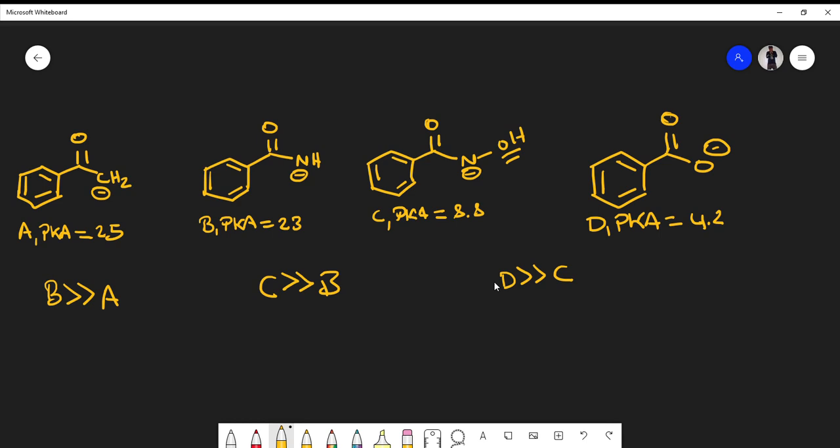D doesn't have an electronegative atom directly adjacent to it, apart from the carbonyl group that's right here. But in fact, we just talked about the inductive effect, and you would think that C should be more acidic than D, but here's where resonance stabilization comes in.